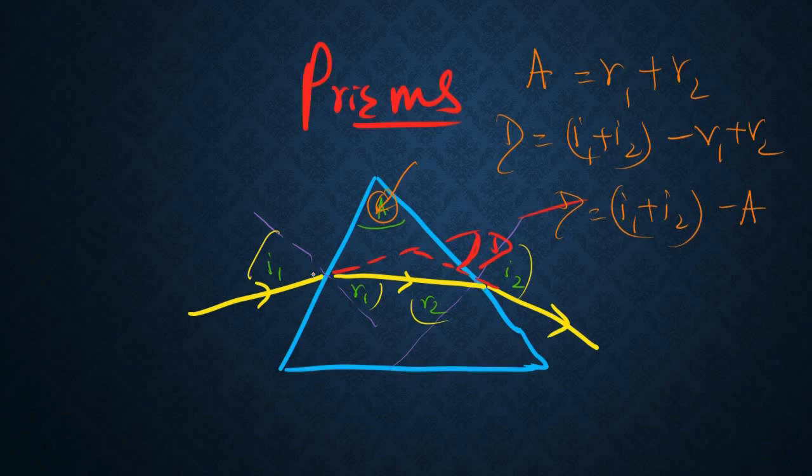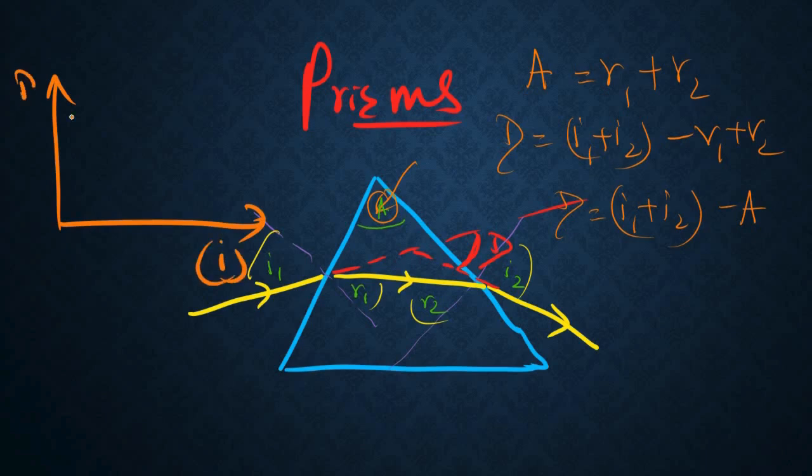And if this is symmetric, in the minimum deviation situation, it's something like this. Say we plot a graph of I versus deviation, so we get a graph like this. We have a minimum value, so we call it D_m, the minimum deviation. At the minimum deviation point the ray diagram is symmetric.